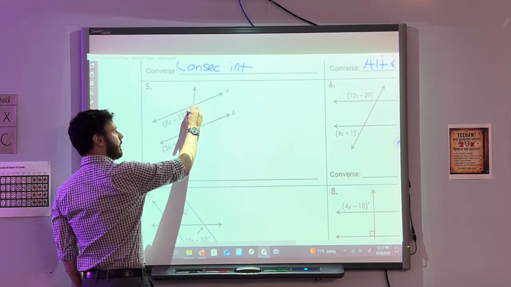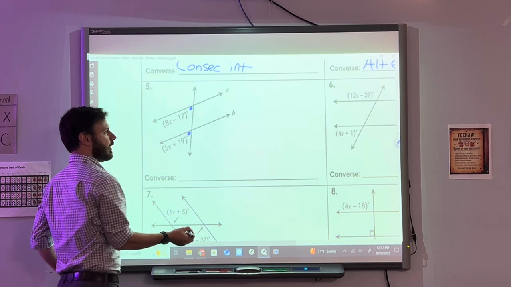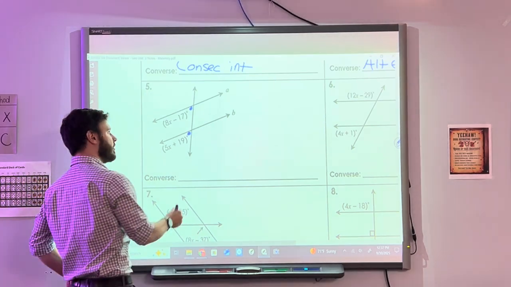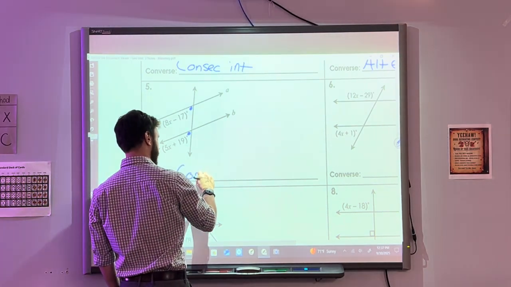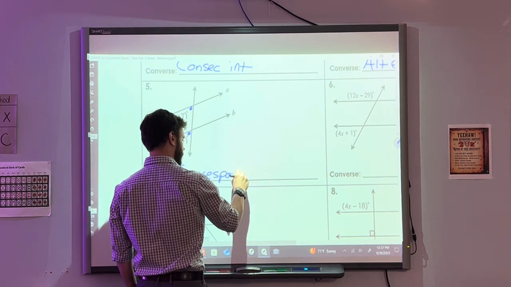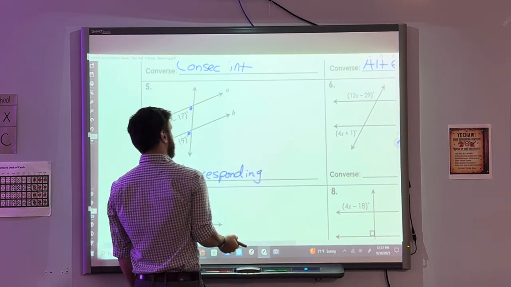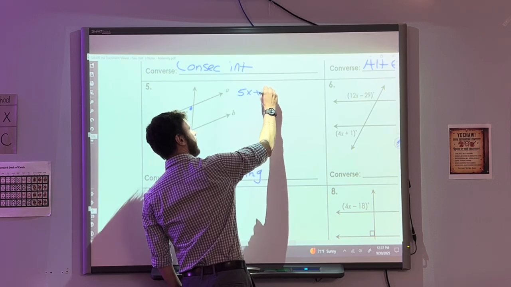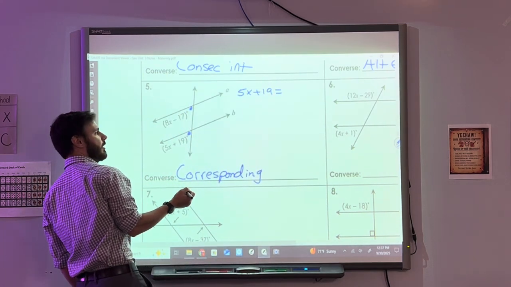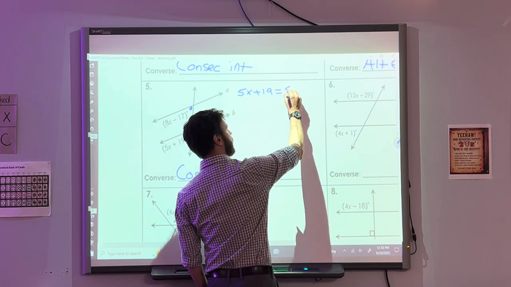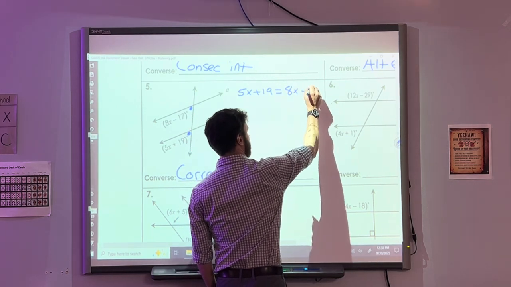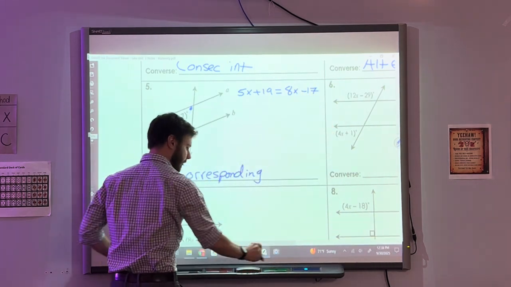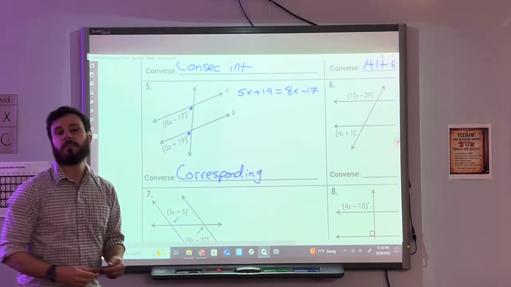This one here and that one there. Looks to me like they're corresponding angles, and we already did that those ones should be the same. So I have 5x plus 19 is congruent or equal to 8x minus 17. Okay. Same 3 steps every time.